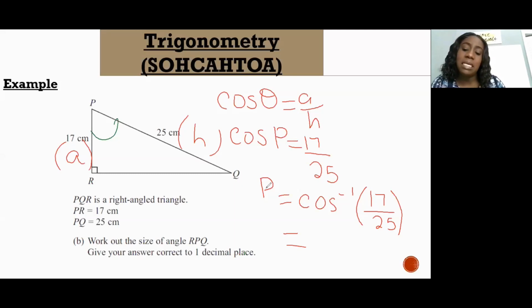You have to put 17 divided by 25 and then press second function, then press cosine. If you have a big screen calculator, you press second function or shift, and then cosine inverse shows up on your screen, and then you put 17 divided by 25. That's usually the Casio, the Canon, the Helix, and some Texas, not all, it depends.